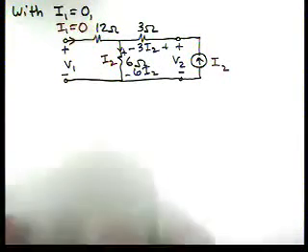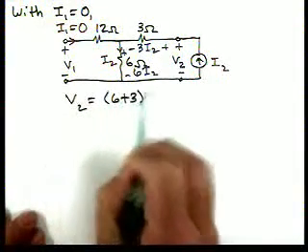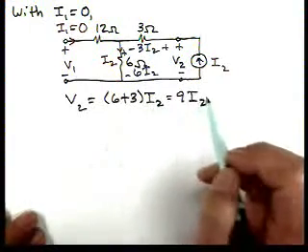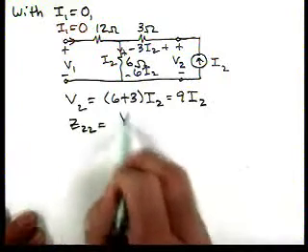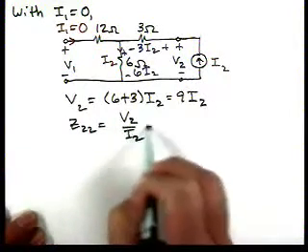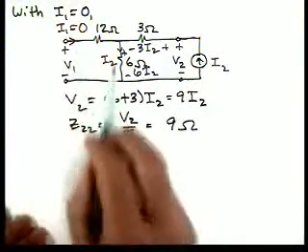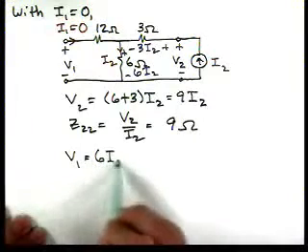So now V2 is 6 plus 3 I2, which is 9 I2. Okay, so Z22 then is V2 over I2, which is 9 ohms. And then applying KVL around this loop, V1 is 6 I2.